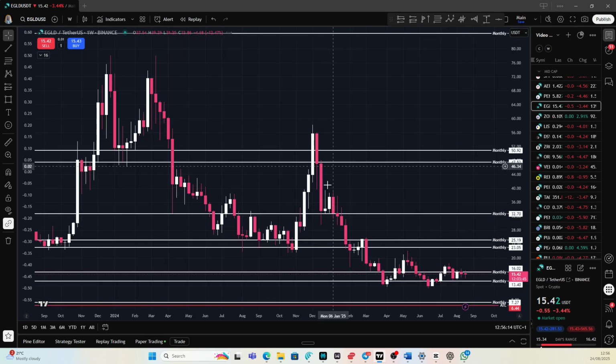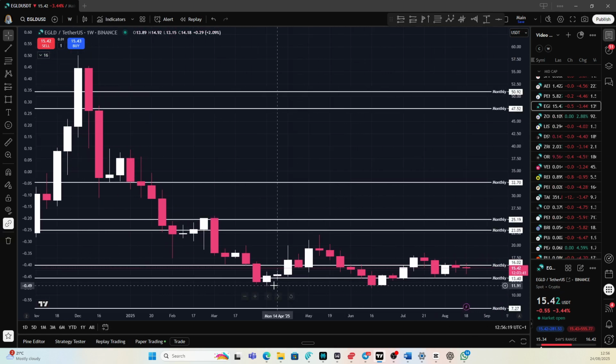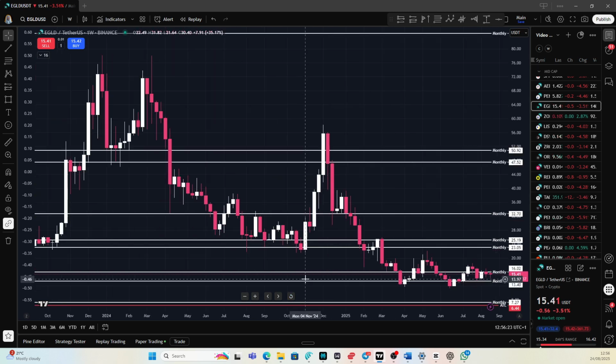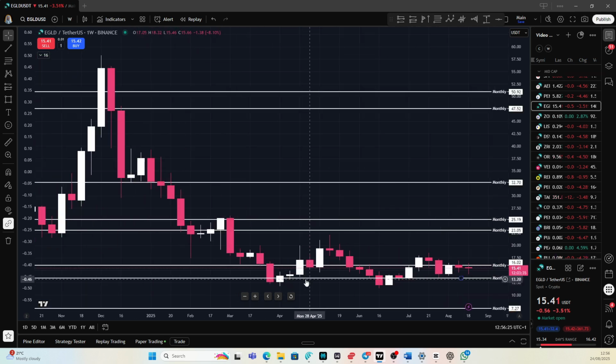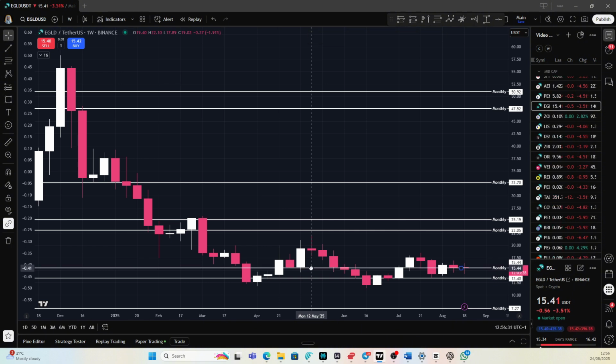So if we break it down into the weekly, what can we see? And we zoom in, we can move some of our lines around. So I think looking at this, what do we have? We've got this line here which I can put there. So if I refine that, that's quite an interesting one.